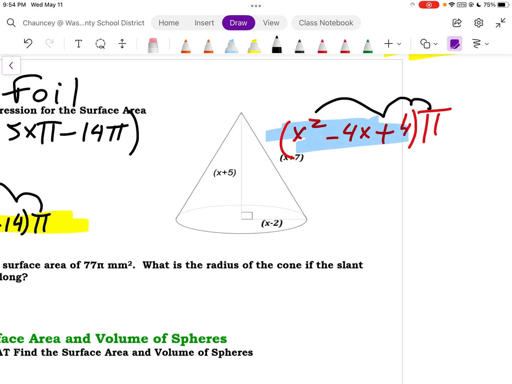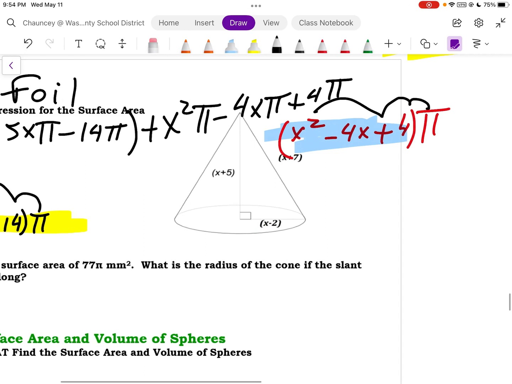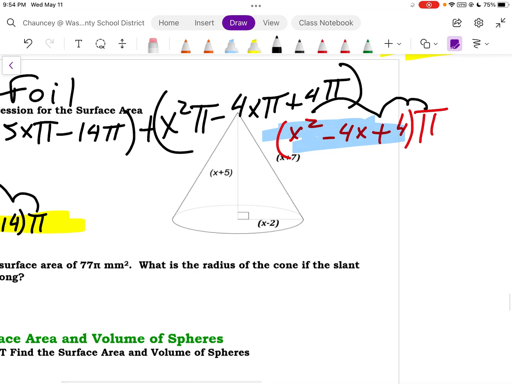Again, distribute, distribute, distribute. So you got all that plus x squared pi minus 4x pi plus 4 pi. If I'm losing you, I'm sorry, but it's all just distributive property.